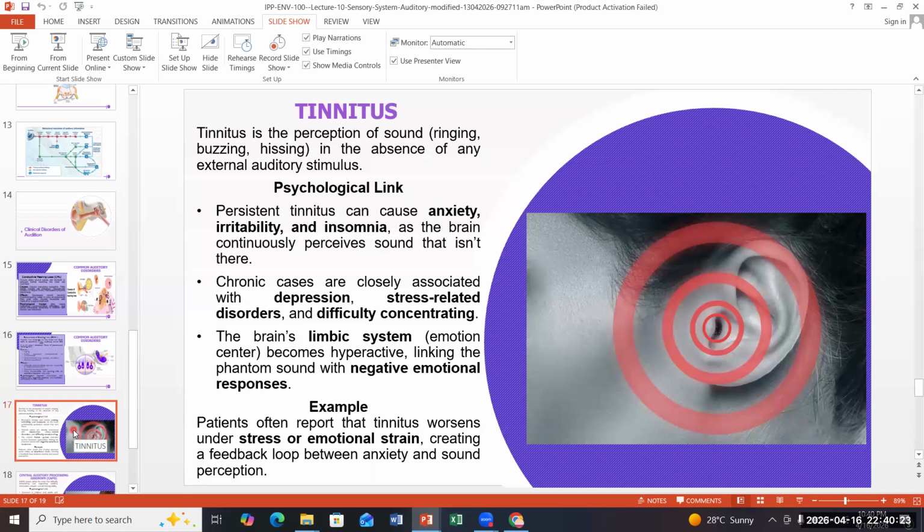The next kind of hearing disorder is tinnitus. It's a perception of a continuous buzzing sound. To understand this topic, we need the basic knowledge from previous classes, where we learned how the neuron gets activated, like EPSP and IPSP.